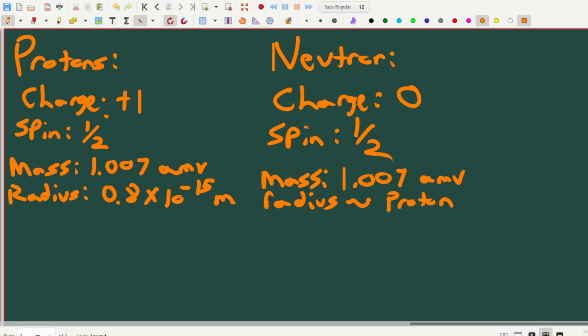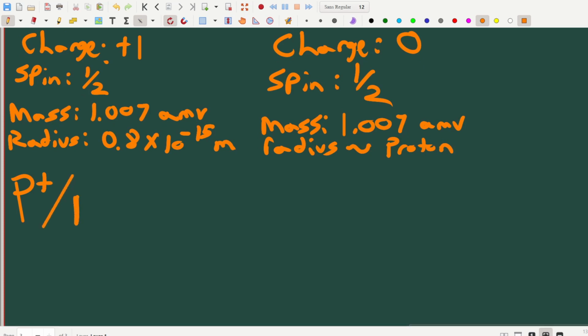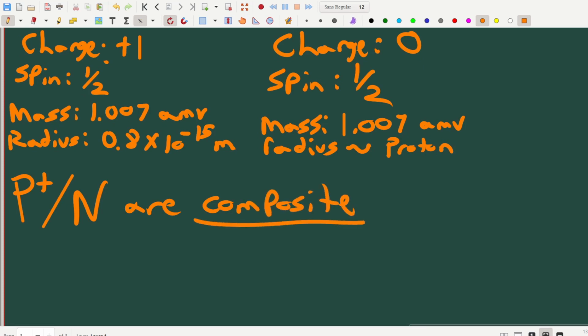They're composite particles, which is why they have a size. And these composite particles have a name. They're called hadrons.